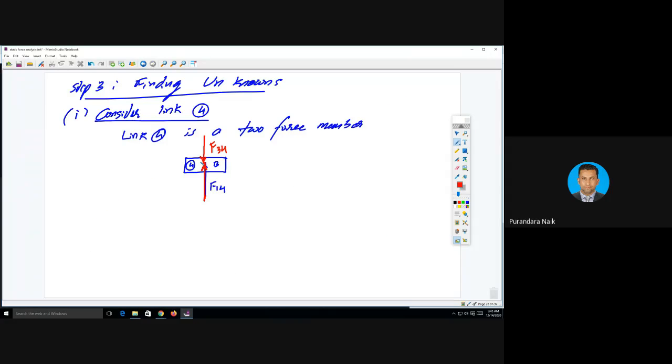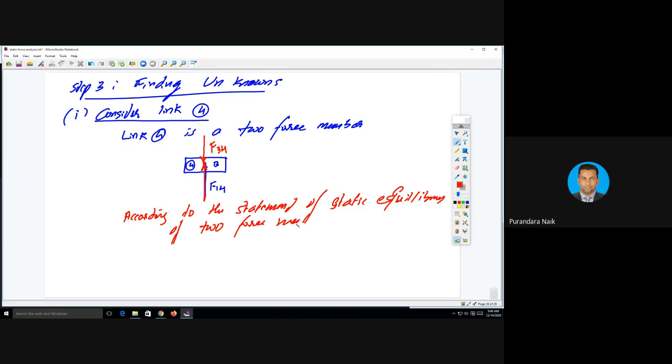F34 is downward. Why? Because according to the statement of static equilibrium of a 2-force member, both the forces, F34 and F14, are equal and opposite.